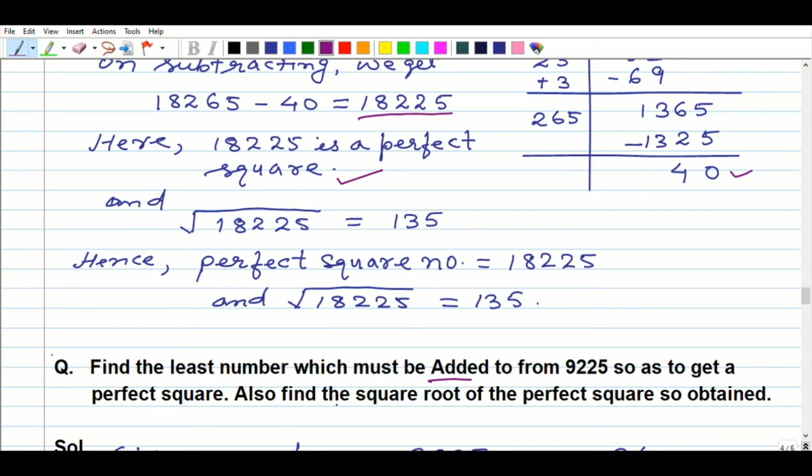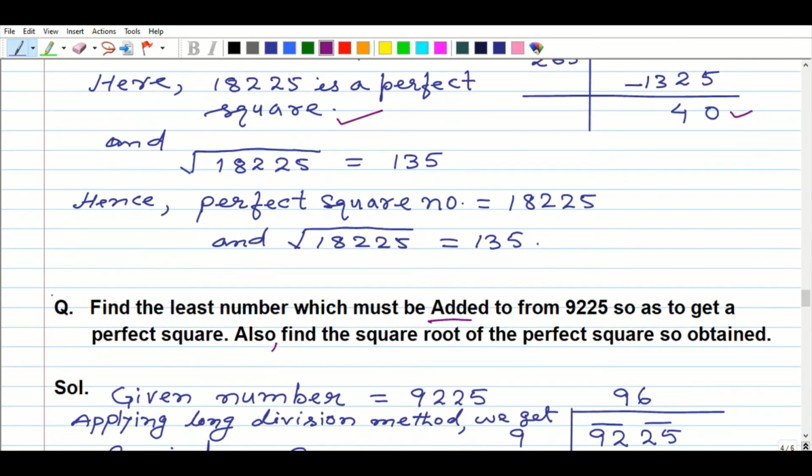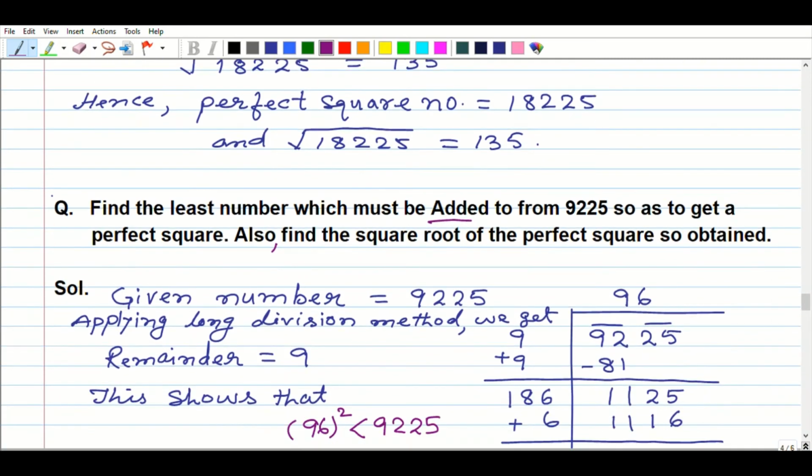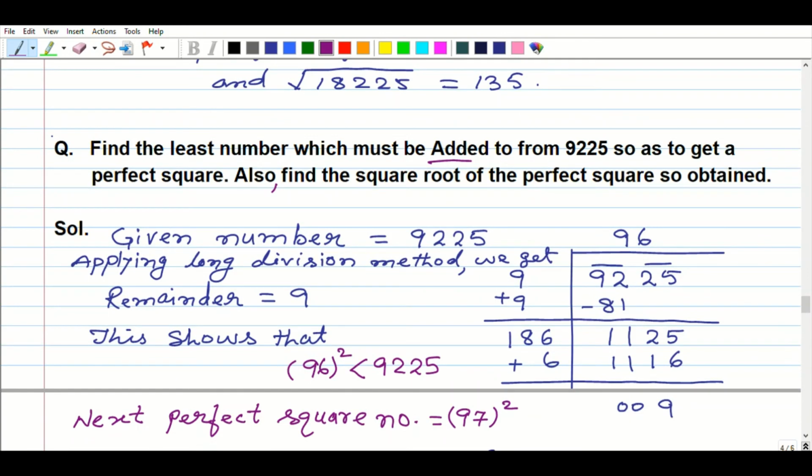Also find the square root of the perfect square so obtained. So for the given number, applying the long division method, first of all we will place a bar over every pair of digits from the right-hand side, starting from the units digit. If the number of digits is odd, then the leftmost digit too will have a bar.